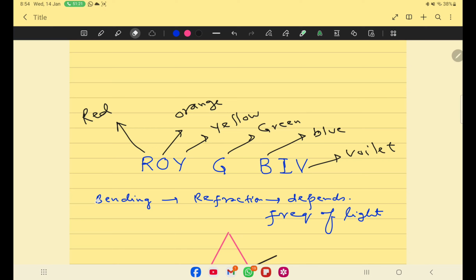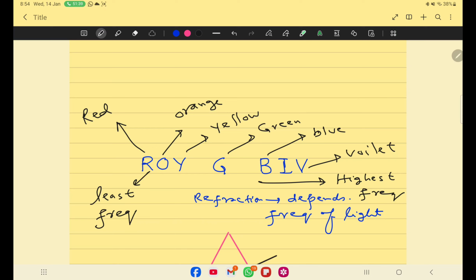And out of these seven colors, remember, the least frequency is of red color and the highest frequency is of violet. You should memorize this. Without memorizing, you cannot solve the questions which I am going to explain.